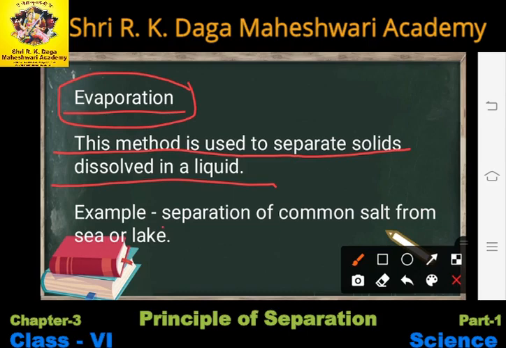And in this way we can separate common salt from the sea or lake or our container also, right? So this process is used basically to get salt from seawater. Students, you know now that we get salt from seawater, right? So the evaporation method is used to get that salt from the seawater.